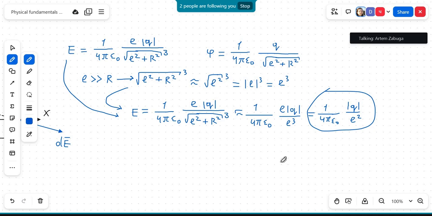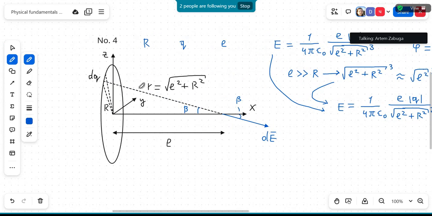And this is good because it means that from a very far distance, this charged ring looks like a point charge. If you look at this ring from a very long distance, we will see something like a point charge.